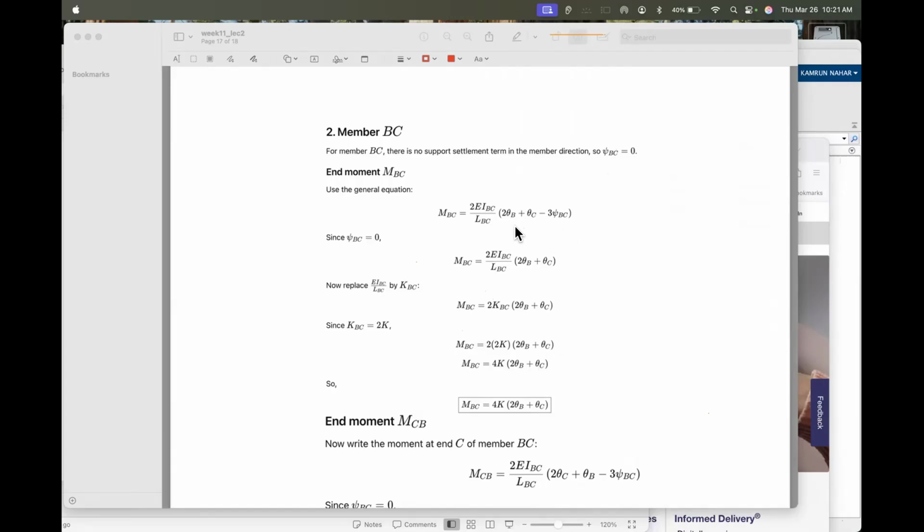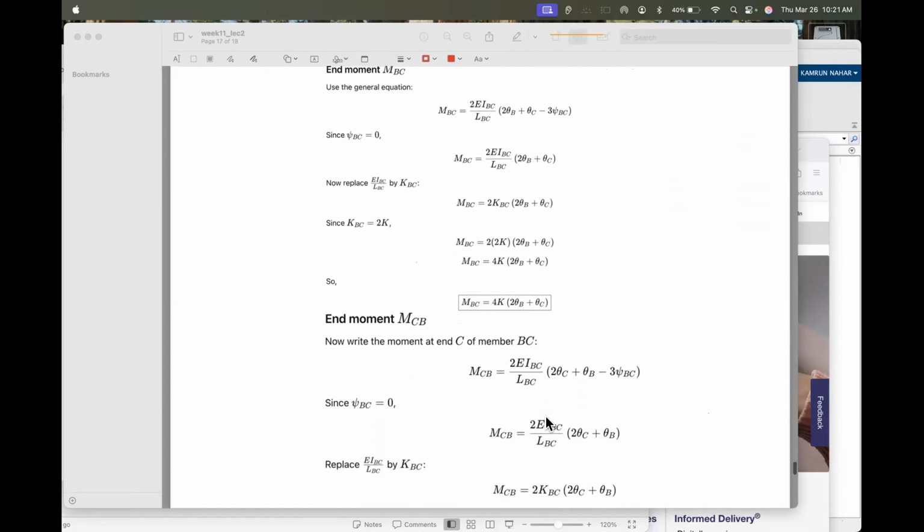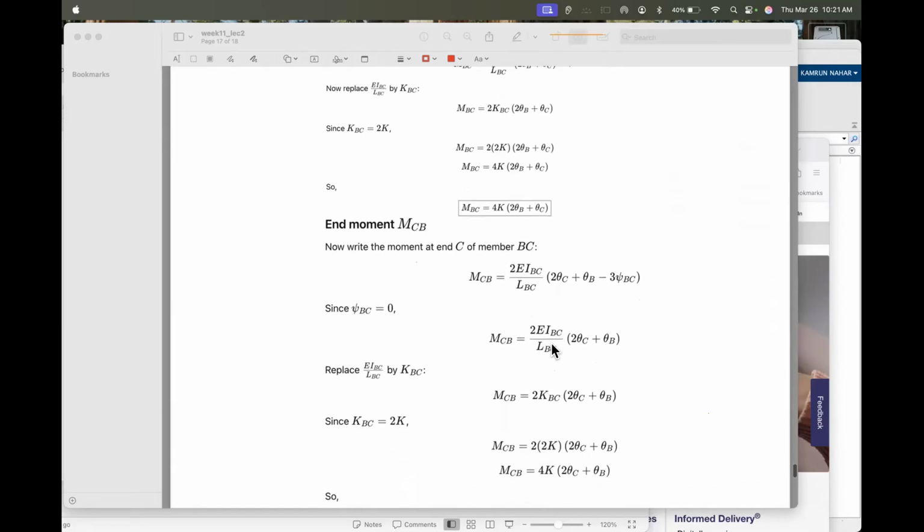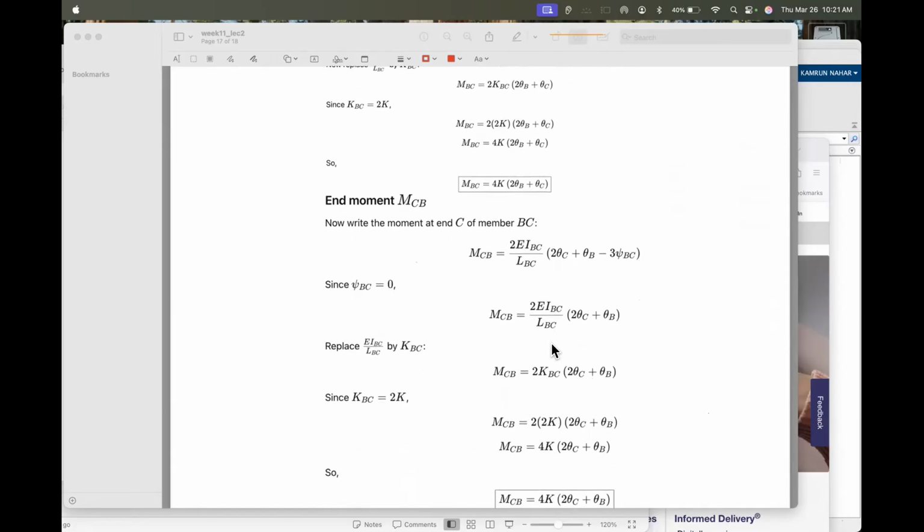Again, just simplify everything after plugging in all the values. We call that K_BC and we know K_BC equals 2K. We wrote that before, and then we get another equation for M_BC. And after that, we need to write another moment equation, starting from M_CB, right?